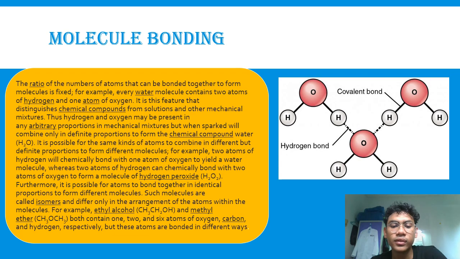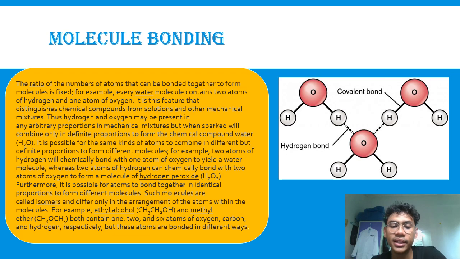Furthermore, it is possible for atoms to bond together in identical proportion to form different molecules. Such molecules are called isomers and differ only in the arrangement of the atoms within the molecules.